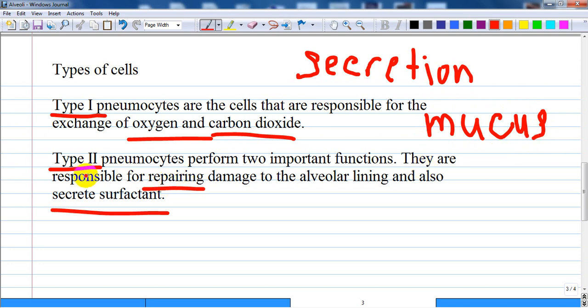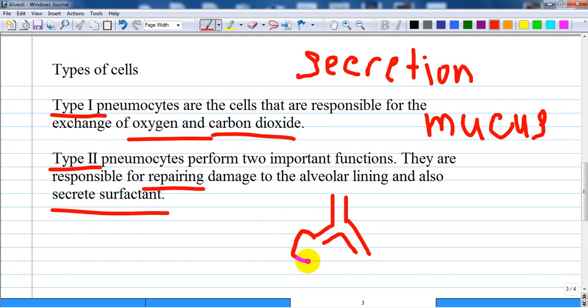Instead, type 2 pneumocytes perform two important functions. They are responsible for repairing the damaged alveoli and also for secreting surfactant, which promotes stabilization of the alveoli.